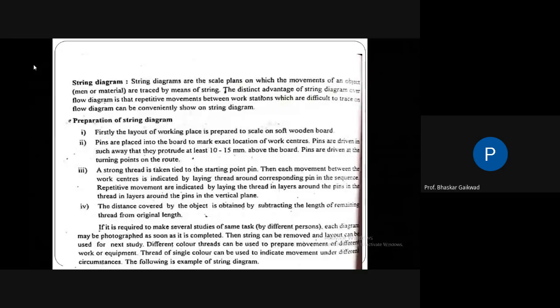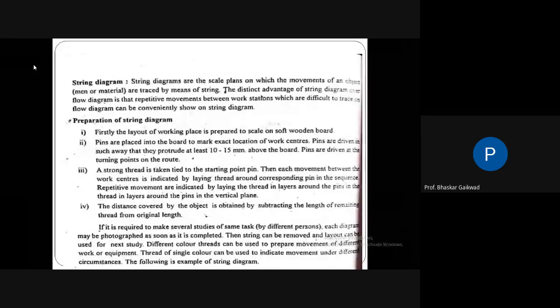So what is actually a string diagram? A string diagram is a scale plan on which the movement of an object, man or materials is traced by means of string. One small string is there, and the movement of the man or materials can be traced by using the string. The main advantage of string diagrams over flow diagrams, which is very important, is repetitive movements between workstations, which are difficult to trace on the flow diagram.